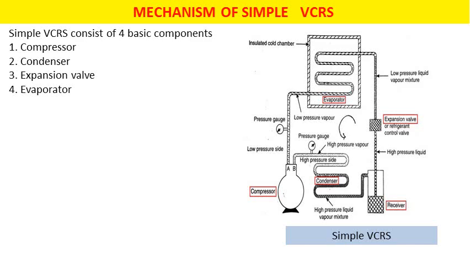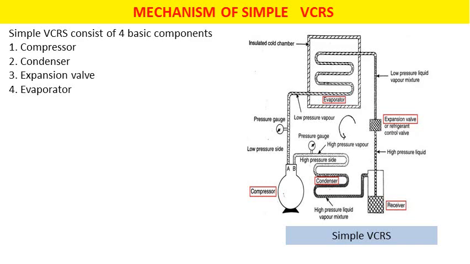Now what exactly does the evaporator do? An evaporator consists of coils of pipes in which liquid vapor refrigerant at low pressure and temperature is evaporated and changes into vapor refrigerant at low pressure and temperature.